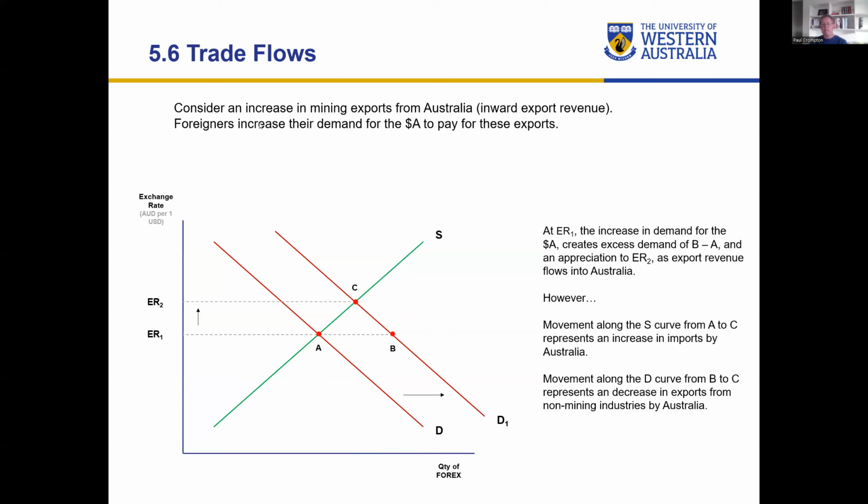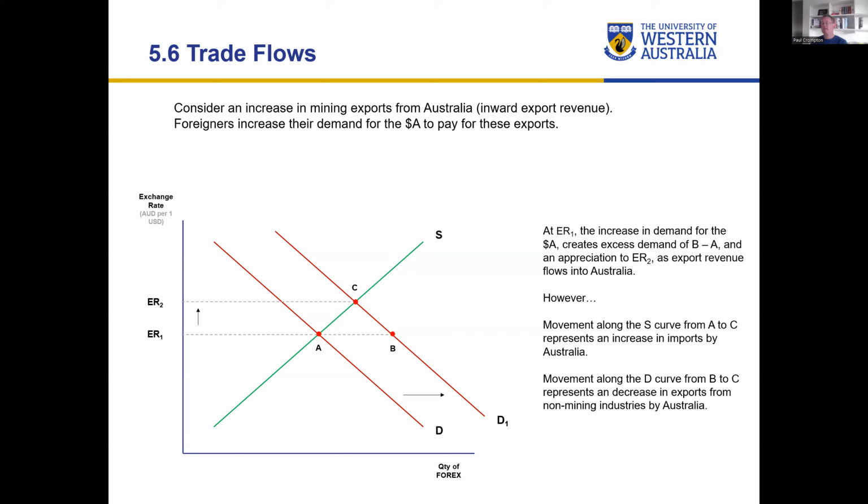Then we're considering an increase in mining exports from Australia. So that is inward export revenue. Yes, the iron ore leaves Australia, however, export revenue comes in, and we're interested in the money flows behind all of these economic transactions. So when you say to me increase in mining exports, I'll immediately think export revenue is coming in.